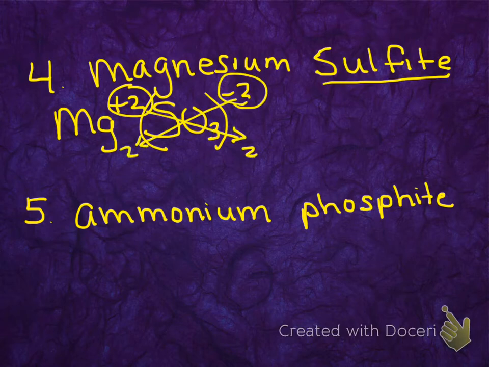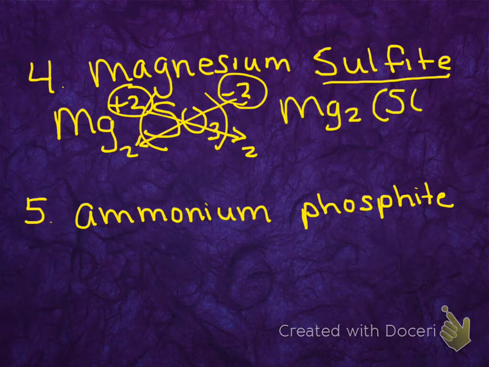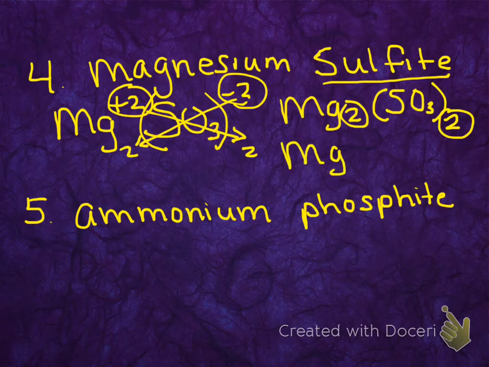We get Mg2(SO3)2. Now notice that we have a 2 here and a 2 here, so we can simplify. Okay, the number has to be outside of the parentheses in order to simplify. We can divide both by 2 and we get MgSO3.